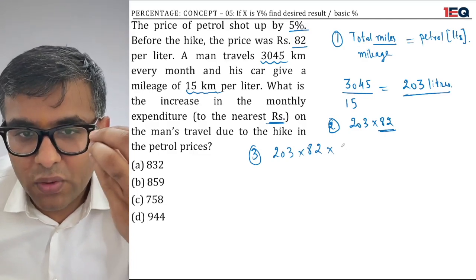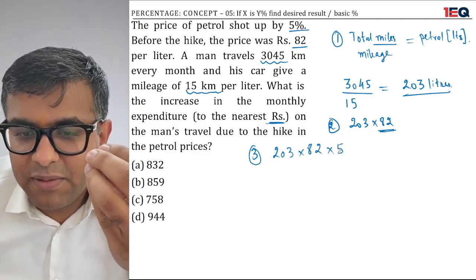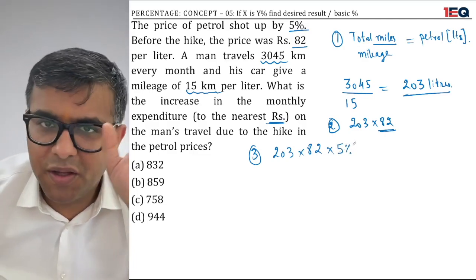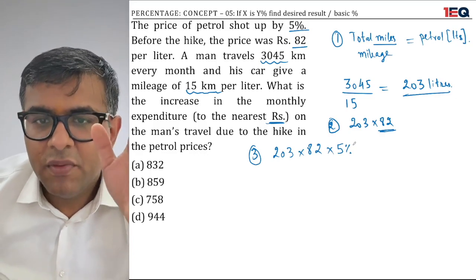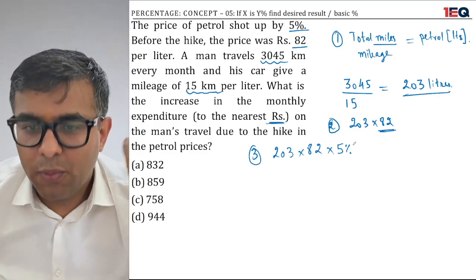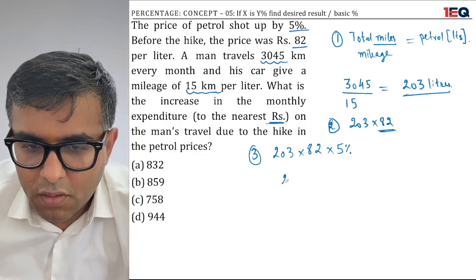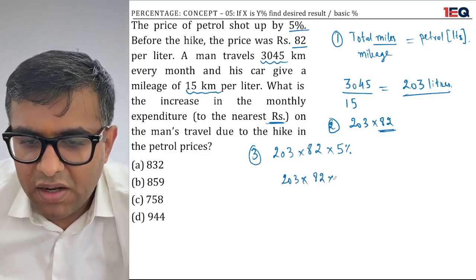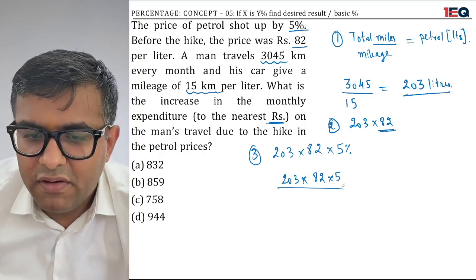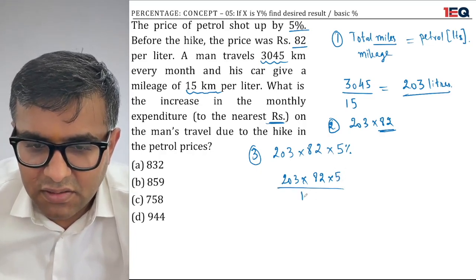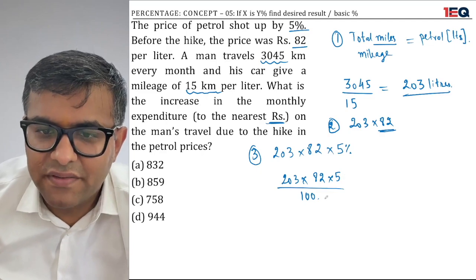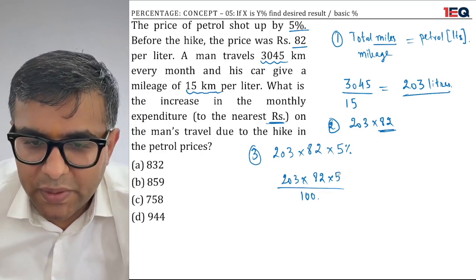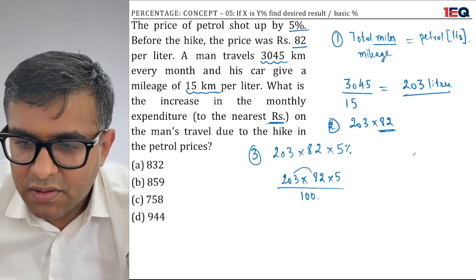That is why only 5% multiplication would do the trick for me. Okay. Now I'll help you solve it in a very quick manner. 203 multiplied by 82 multiplied by 5, and there is a component of 100 which is dividing it. So I'll quickly solve the big numbers first.